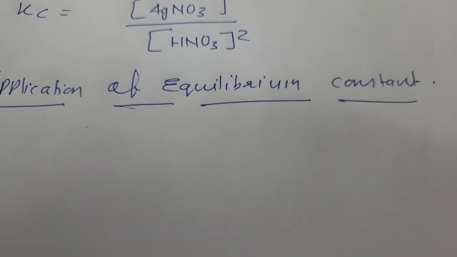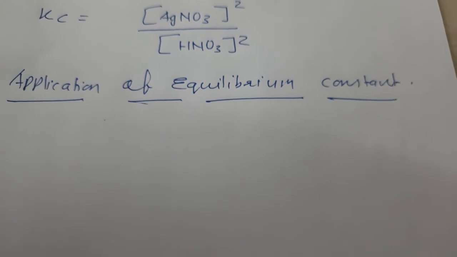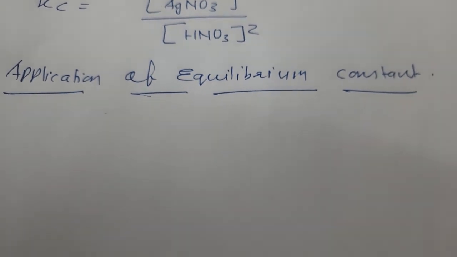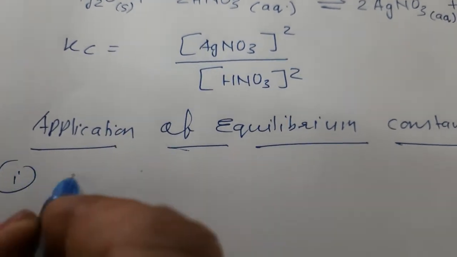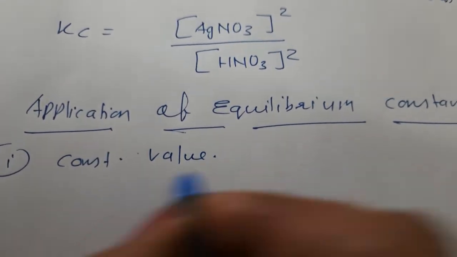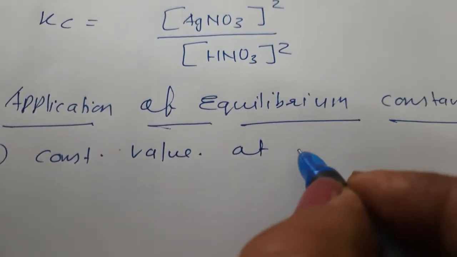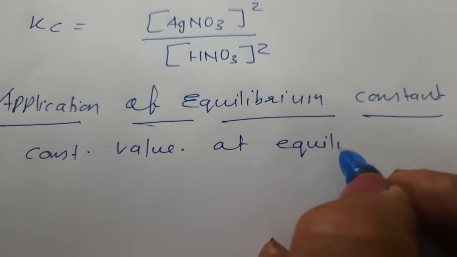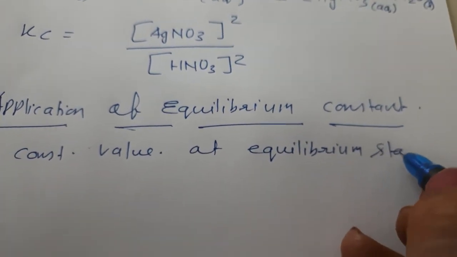The first point is: the expression for equilibrium constant is applicable only when the concentrations of reactant and product have attained constant values at the equilibrium state. You will learn the full points from the book. Constant value at equilibrium state.